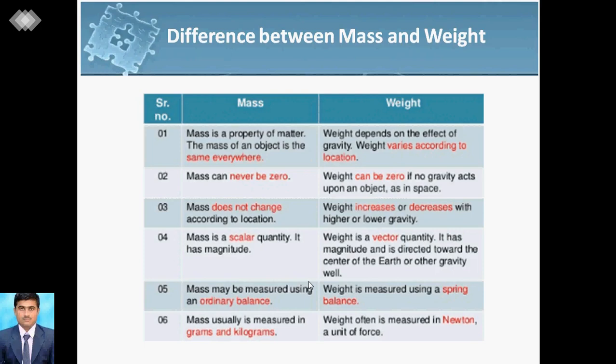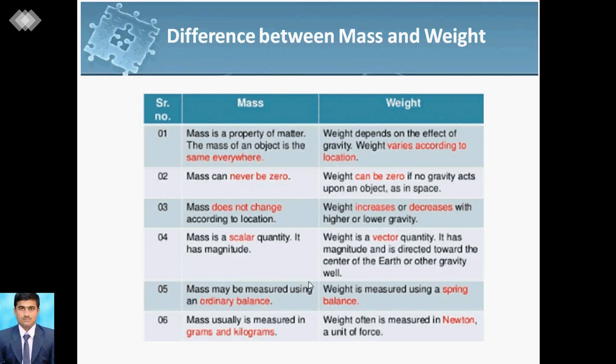The next difference is mass is a scalar quantity. That means it does not depend on direction, only on magnitude. But in the case of weight, it depends on both direction as well as magnitude. So that's why it is called a vector quantity.